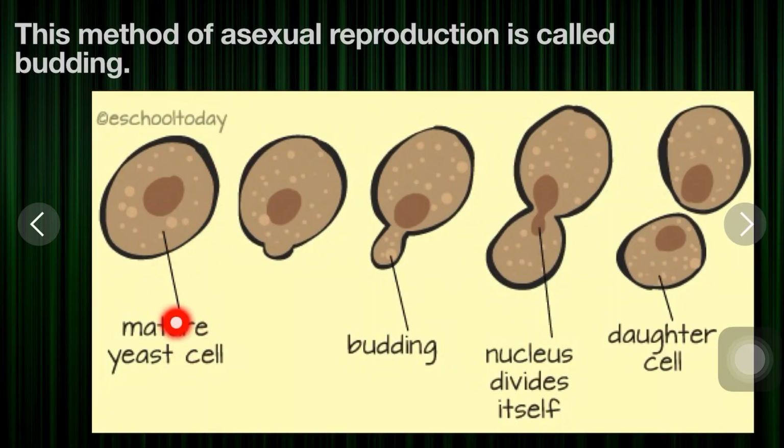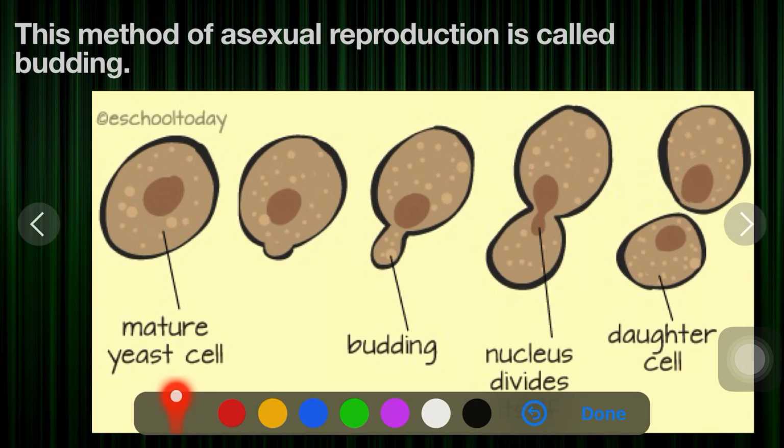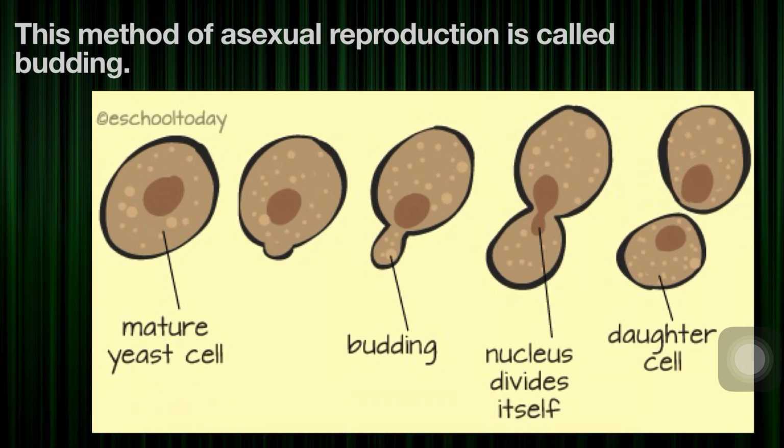As you can see, the bud is attached. That bud is going to develop, the nucleus is going to divide, and after some time it forms a daughter cell, that is a new baby yeast.